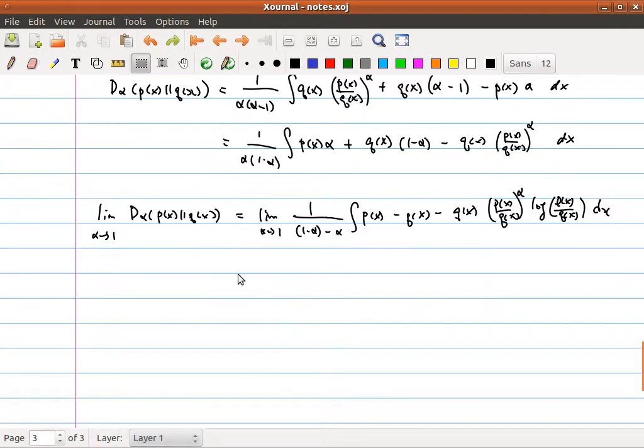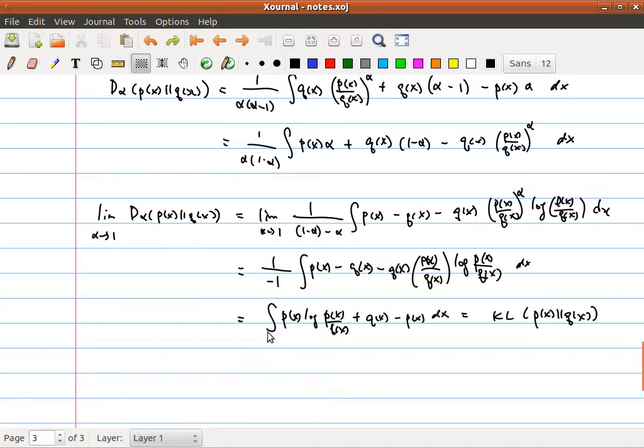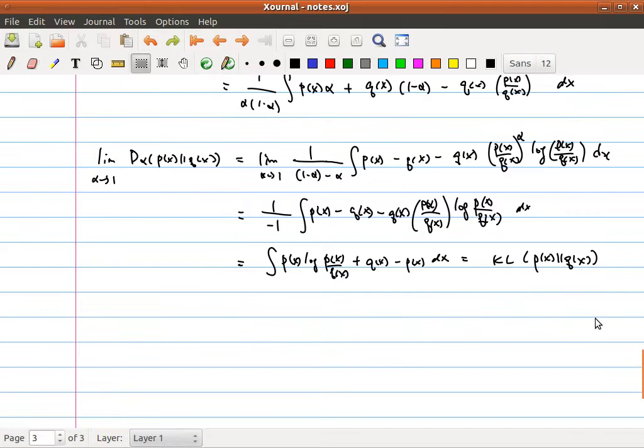We substitute alpha equal to 1 now. Then we get this expression, and we just rearrange the terms. What we can see here is that this is just the KL divergence, or the unnormalized form of the KL divergence between p(x) and q(x).